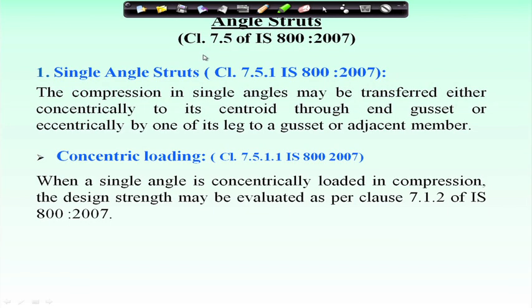Now, this compressive load may act concentrically on the angle section or may act through its one leg, which will be eccentric. The strength calculation of such angle sections is given in the code, in clause 7.5 of IS 800:2007.